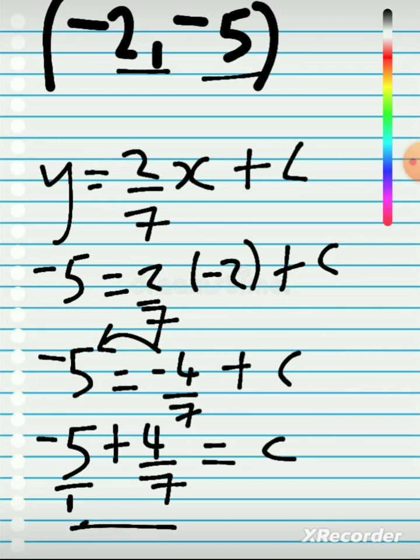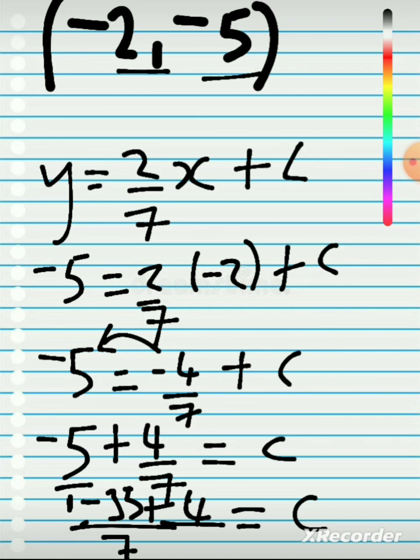So common denominator here is 7. 1 into 7, 7. 7 times -5, it's -35. Then 7 into 7, 1. 1 times 4, it's 4. So equals c. So we have -35 plus 4 over 7.